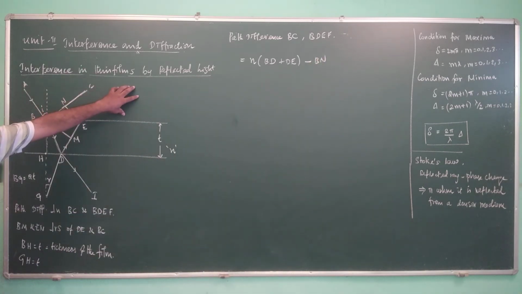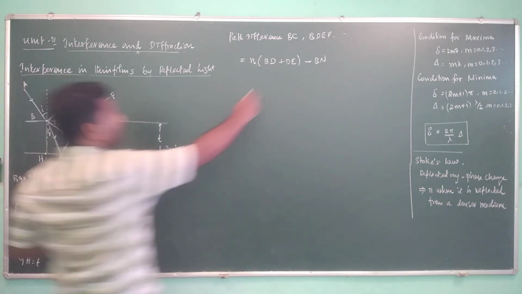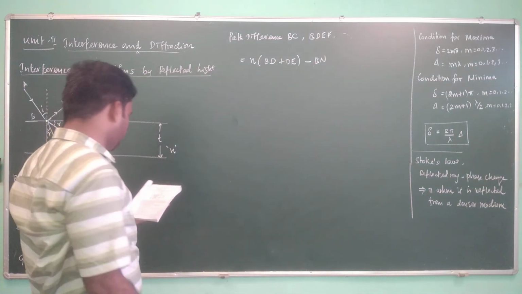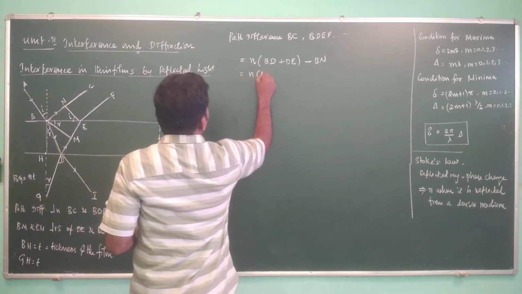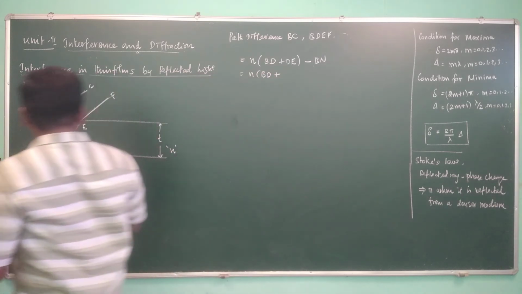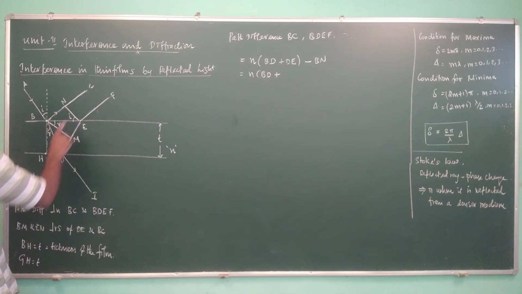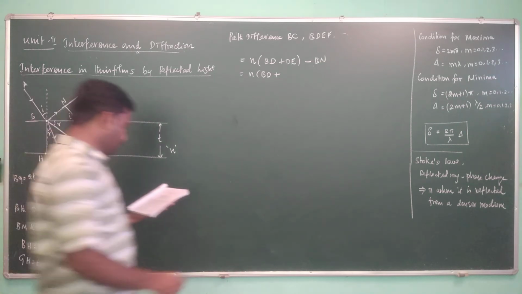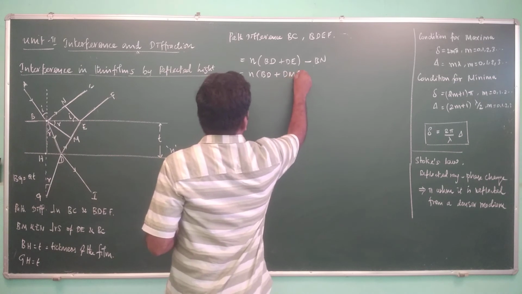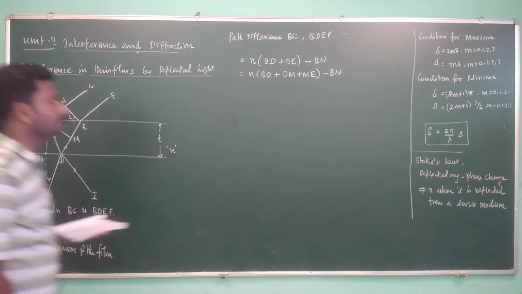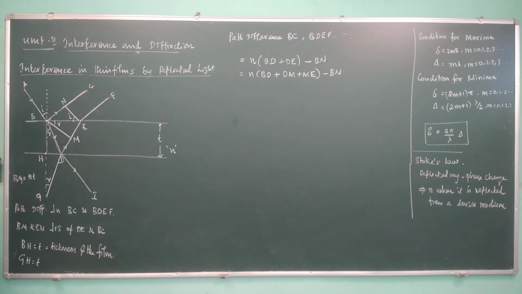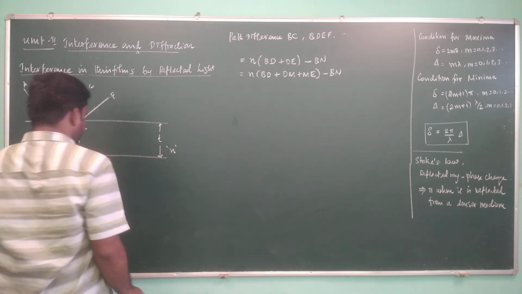Assume that this is an air medium, so the refractive index is 1 and need not be multiplied. Now you can keep the BD, but DE can be broken as the sum of DM plus ME. So DM plus ME minus BN.